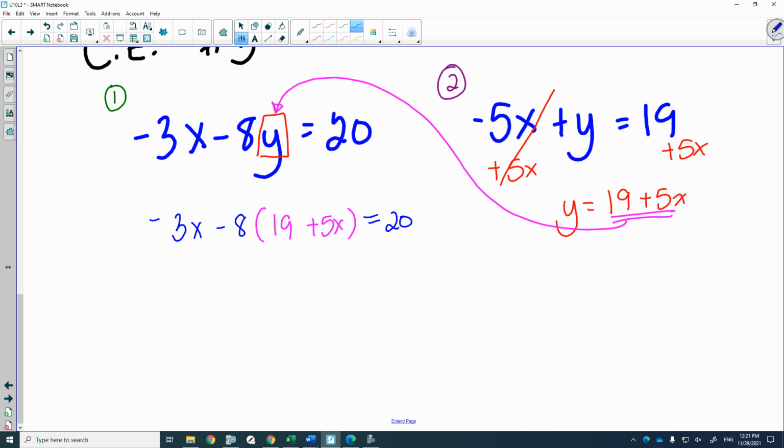Here we're going to have larger numbers, so make sure you've got your calculator for this one. Get rid of your bracket. Negative 3x. Are you getting minus 152? Okay, minus 152.